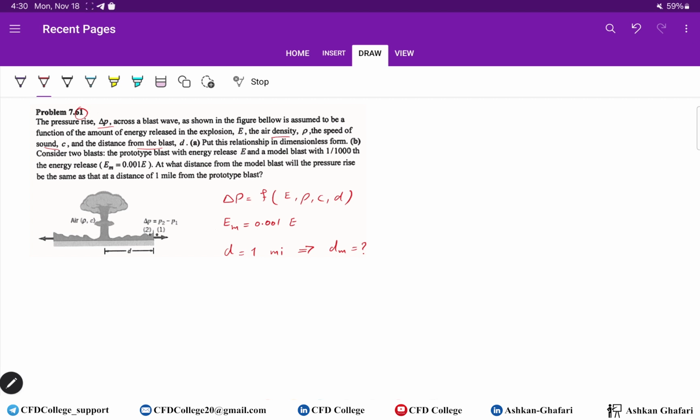Okay, as you know, the first step is to find the suitable dimensionless numbers.